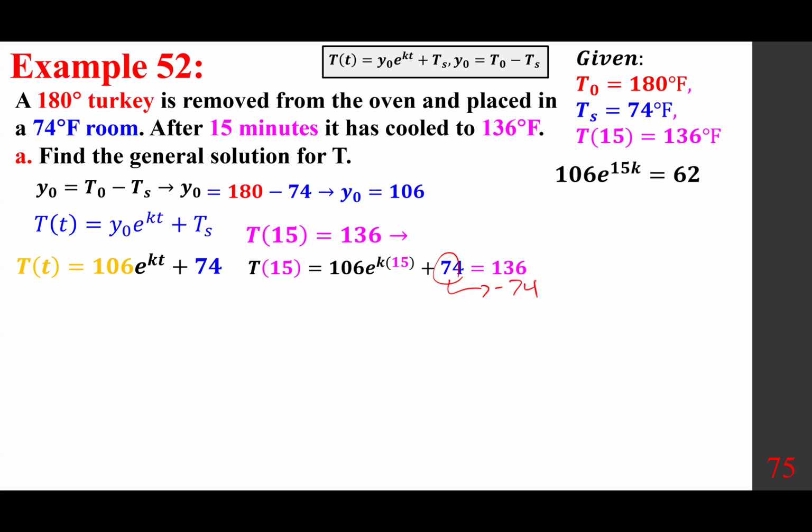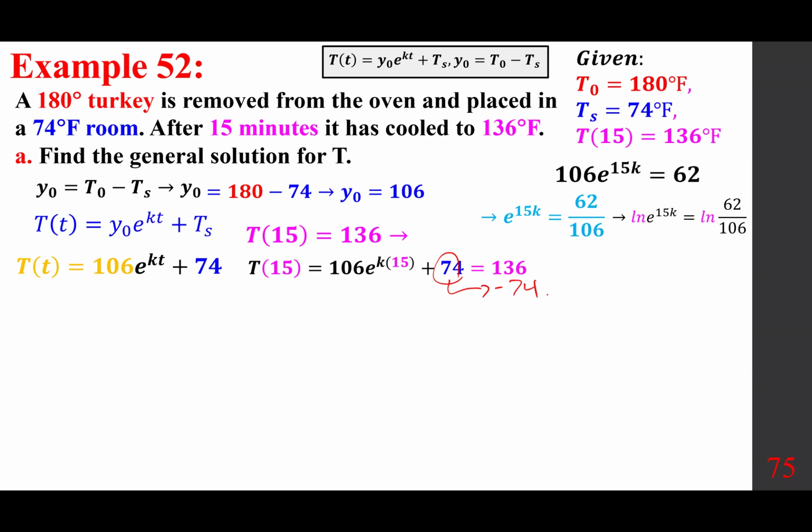Subtract 74, you get 62. Divide by 106. On purpose, I'm not going to simplify the fraction because I want you to see where the numbers are coming from. I'm going to take a natural log of both sides.